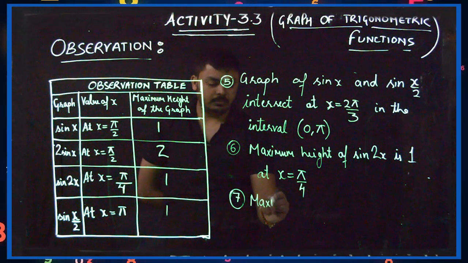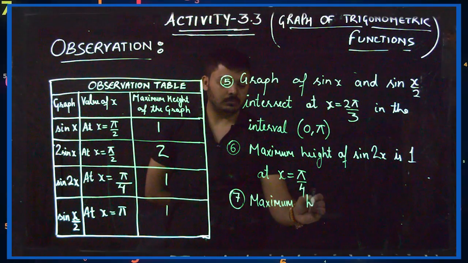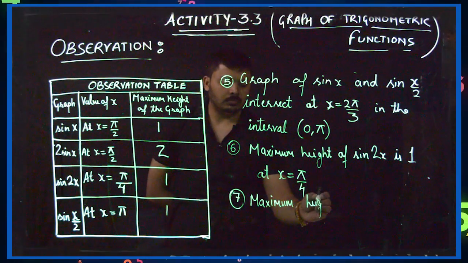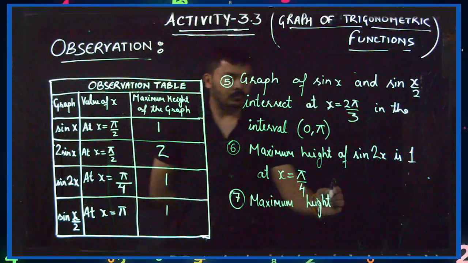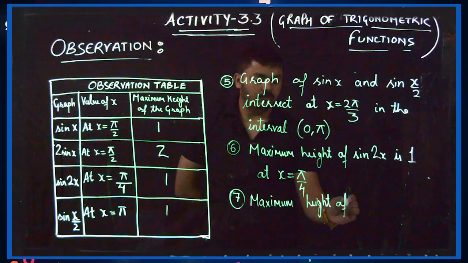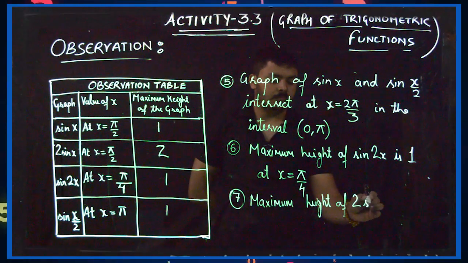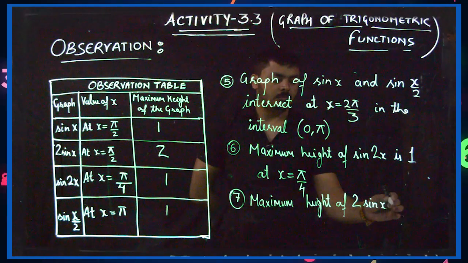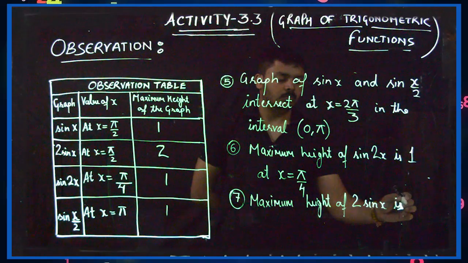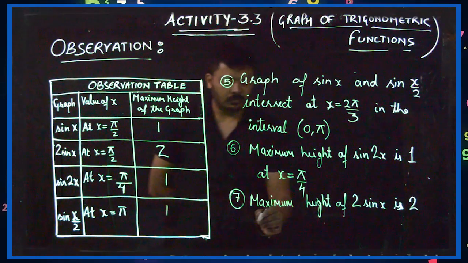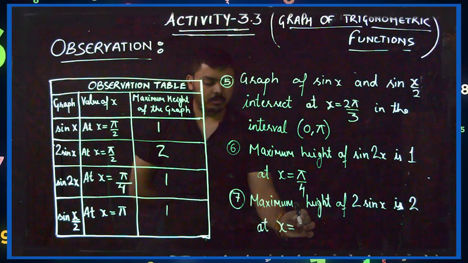Maximum height of 2 sin x is 2 at x equals to pi by 2.